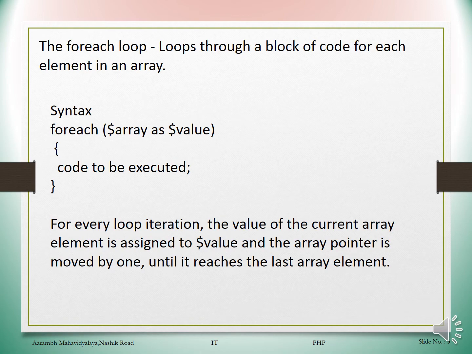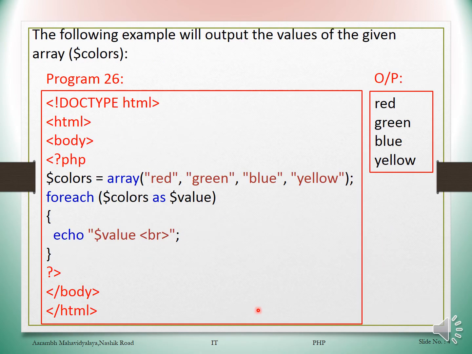Let's see how it works. Here the example is given to output the values of the given array colors. Here we started the program with exclamation doctype HTML, HTML body. We started the PHP code with angular bracket, question mark and php.